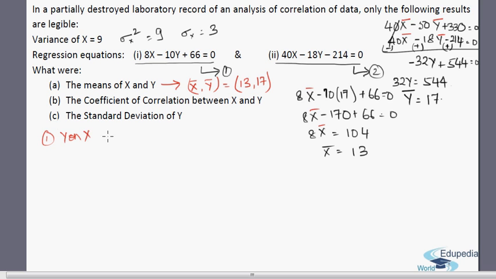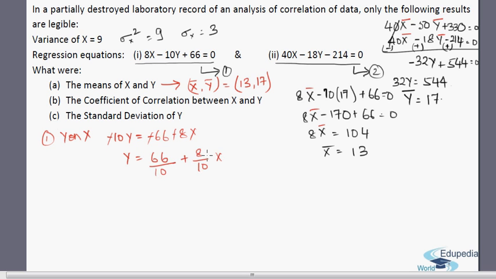We'll have minus 10y equals minus 66 minus 8x, and the minus will cancel. We'll have y equals 66 by 10, which is 6.6. Let me write it as 66 by 10 plus 8 by 10x.